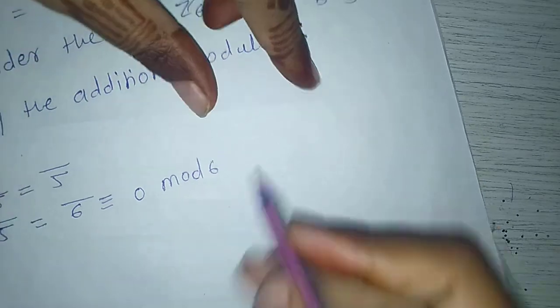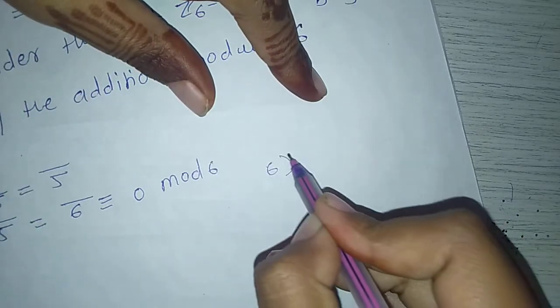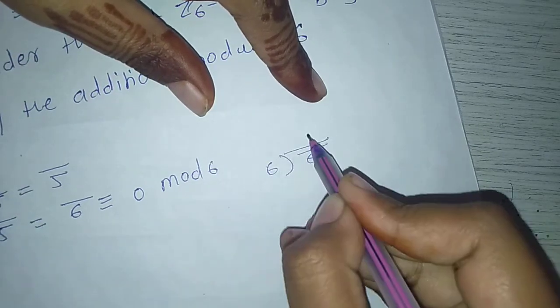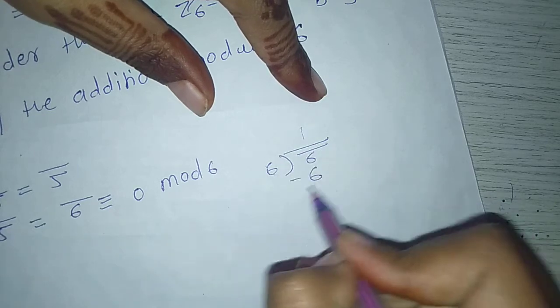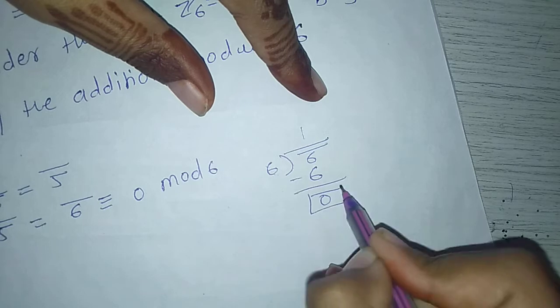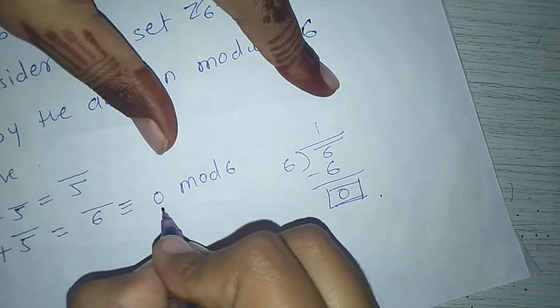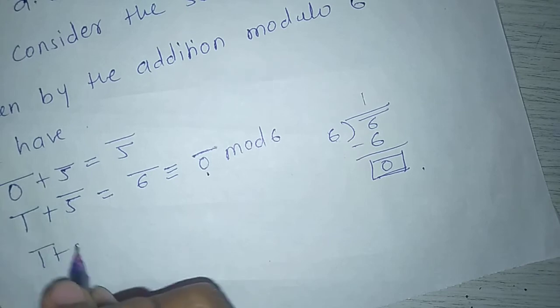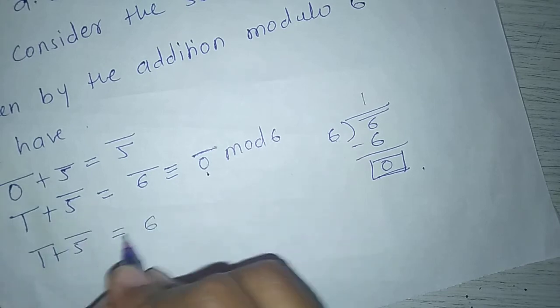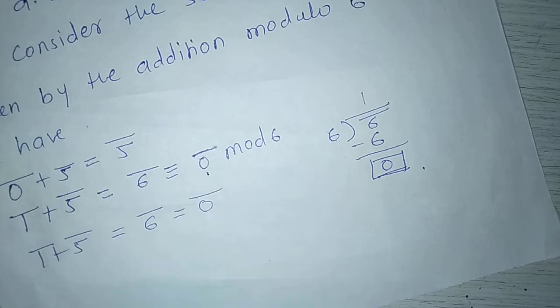Or for your understanding, consider 6 divided by 6, we get 6 into 1, 6, remainder 0 bar, that's why here we take 0 bar. Means 1 bar plus 5 bar equal to 6 bar, which is equal to 0 bar.